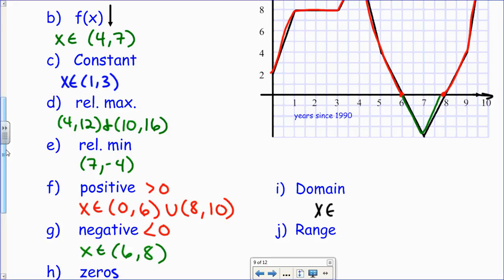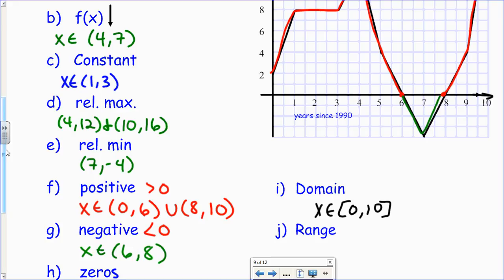So on our graph, x is going to go from what to what? X goes from 0 to 10. Those are both points on the graph, so we have brackets.